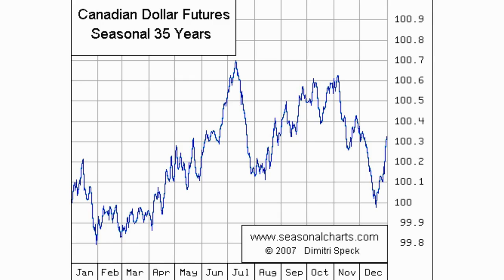Now, if we're going to use this information on the USD CAD forex pair, then we're simply going to use the inverted info. Simple. So for USD CAD, it would be that USD CAD seasonally has a tendency to go higher during these particular months. The Canadian dollar has a tendency to go lower, but USD CAD has a tendency to go higher. You know what I mean.